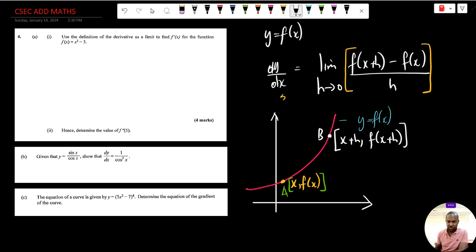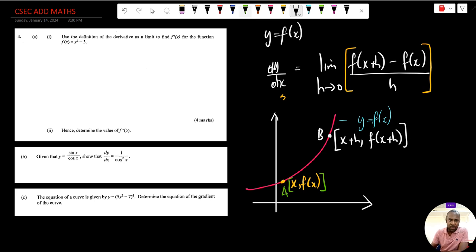The change in the value of x would be h, because this value here is x and this is x plus h. Similarly, the change in the value of the function, or the y value, would be the difference between f of x plus h and f of x.